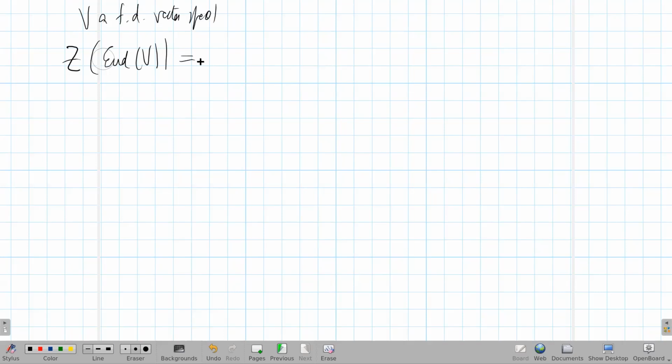As usual, I write End V, but if you think of matrices, what's the center? The center is given by all the matrices in End V which commute with all matrices.